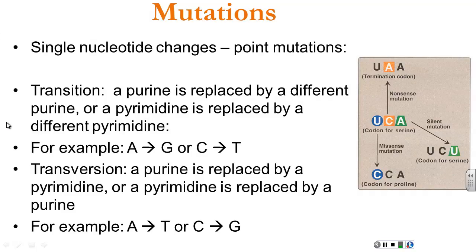So, the first mutations we're going to talk about are single nucleotide changes or point mutations. Now, before we get into looking at some actual point mutations, there's 2 different versions of this point mutation. You can either have a transition or a transversion. So a transition is where you have a purine that's replaced by a purine. For example, an A replaced by a G, or a G replaced by an A, or a pyrimidine replaced by a pyrimidine.